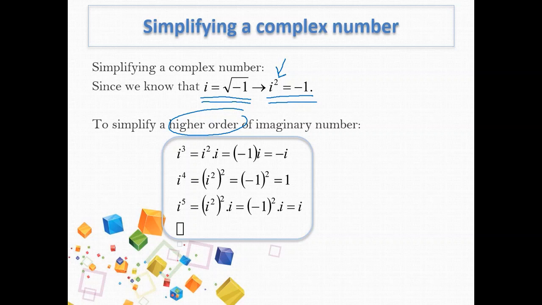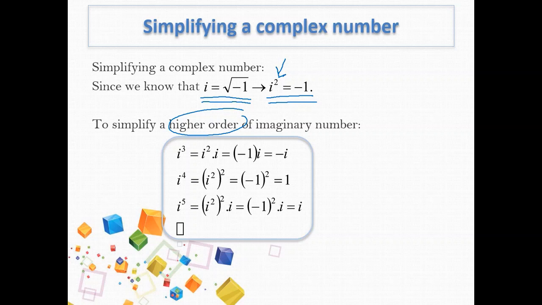Hold to this basic and use this to help you simplify the higher order of imaginary number. So the highest power of i that we can use to simplify is squared. So i cubed equals the product of i squared dot i.